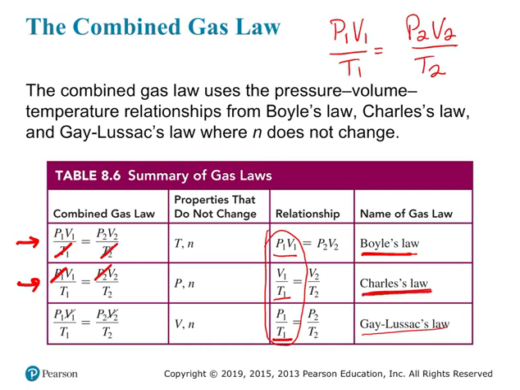And that would give you Charles's law. And again, if you're given pressure and temperature but not volume, you can cancel out volume, and that will give you Gay-Lussac's law. So the combined gas law can be a little bit easier to digest or remember than all of those individual gas laws.